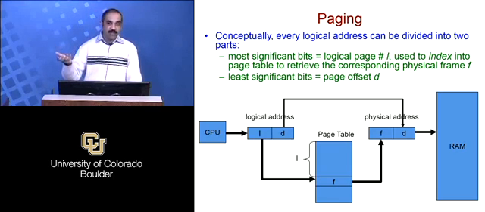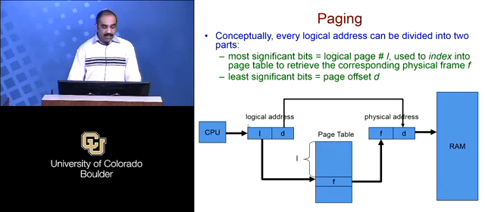For example, if you have a page size of 1K, you will need 10 bits to represent all the addresses within a page. That's basically the lower order 10 bits, which depend on the page size. The remaining bits tell you the page number.